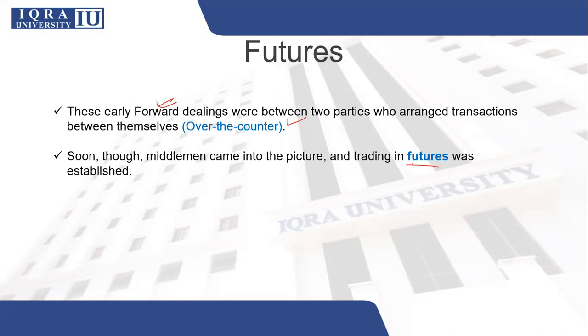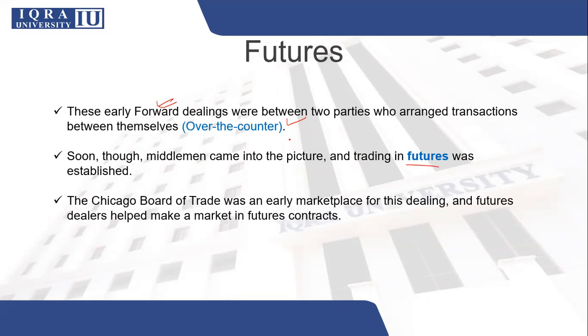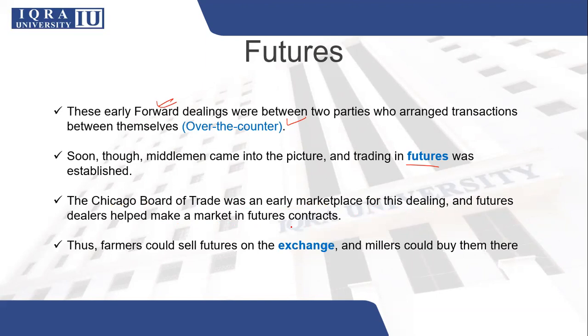Whereas futures are traded on exchanges, so they are standardized. The Chicago Board of Trade was an early marketplace for this dealing, and futures dealers helped make a market in futures contracts. Thus, farmers could sell futures on the exchange and millers could buy them there. So, if the buying and selling of the contract takes place on the exchange, then that is a futures market.